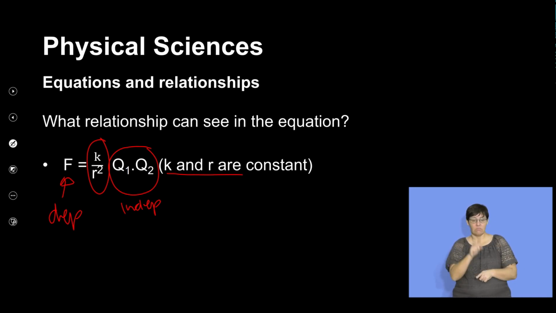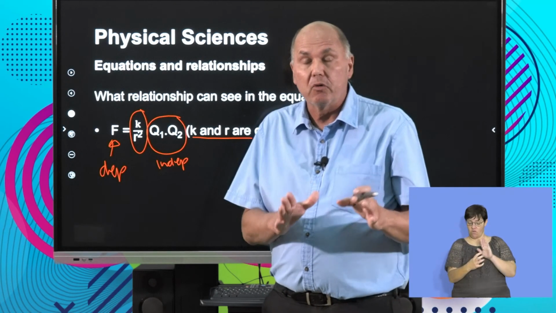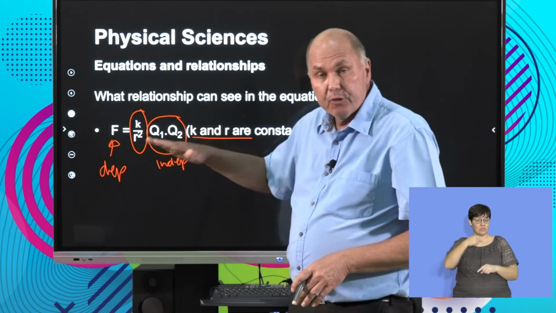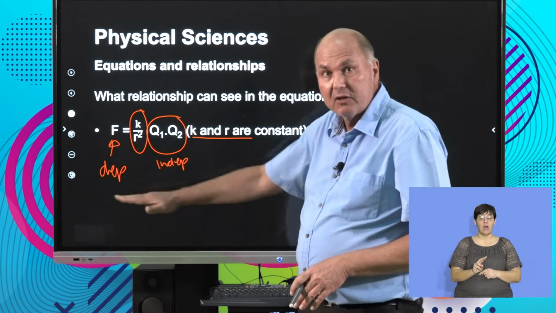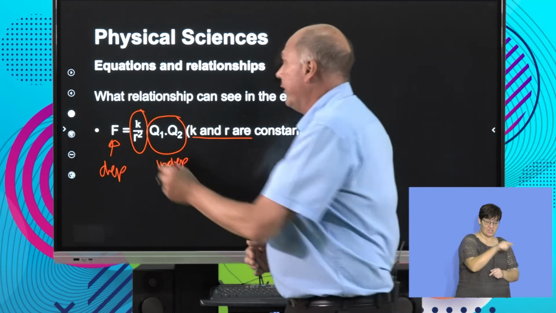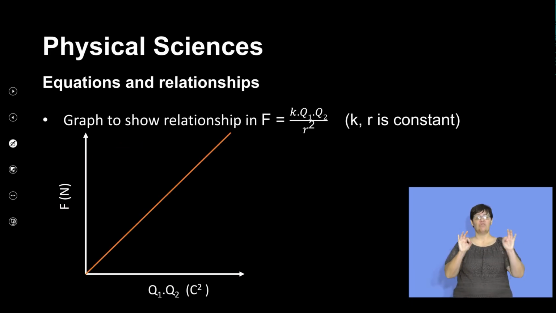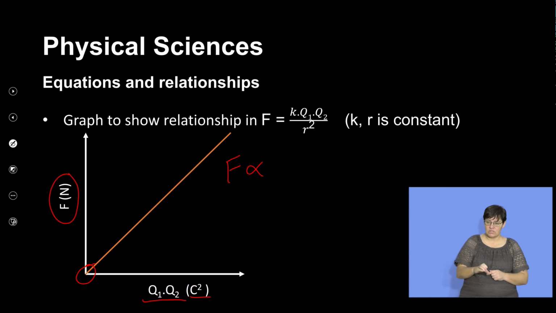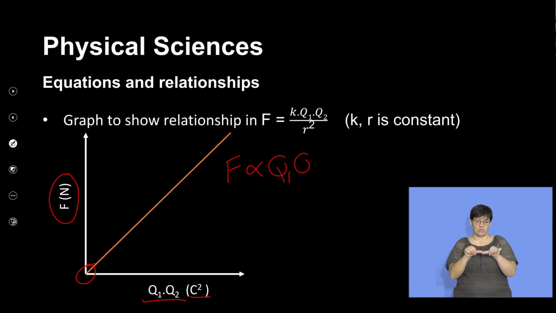So what do you predict? Well, if we draw a graph of Q1 times Q2 on the horizontal axis and the force on the vertical axis, what are we going to get? You've got it. It's a straight line. The force in newtons against Q1 times Q2 in coulombs squared is a straight line that passes through the origin, so we can say that force is directly proportional to Q1 Q2.